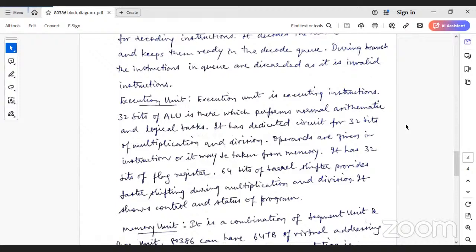Instead of STA, if you say LDA, then you are loading the accumulator with the contents of a memory location. So you have instructions in which either the data is given directly in the instruction or you have to take it from memory. If you have to take it from memory, then the execution unit will send a request to your bus interface unit to send the data from that location.